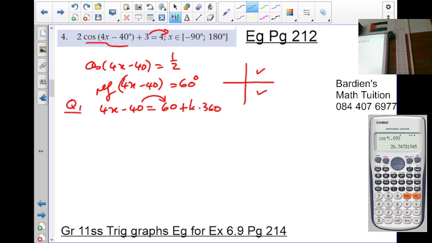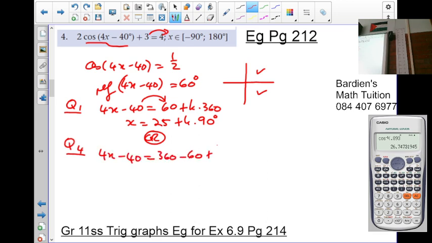If I move the 40 over, I get 100. 100 divided by 4 is 25. So it's 25 plus k times 90 degrees, as 360 divided by 4 is 90. Okay. Or quadrant 4. Now you're getting quadrant 4. 4x minus 40 is equal to 360 minus 60 plus k times 360.